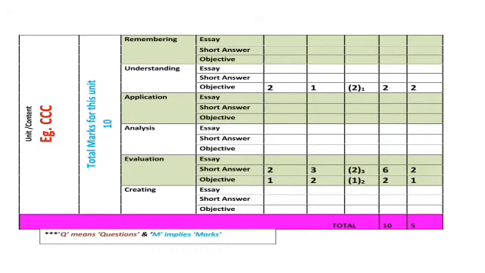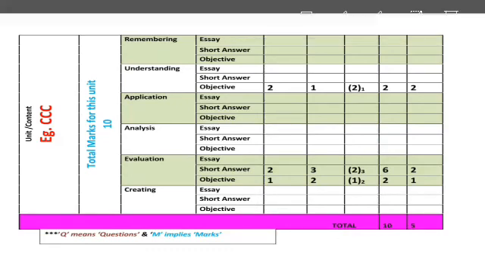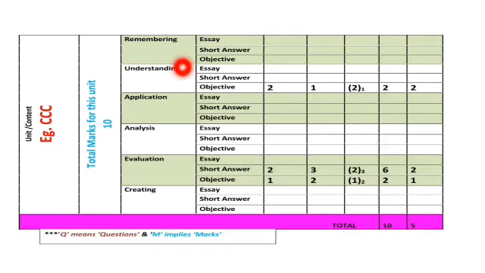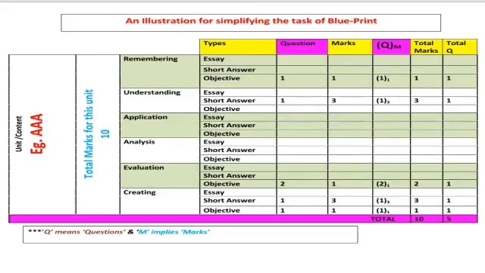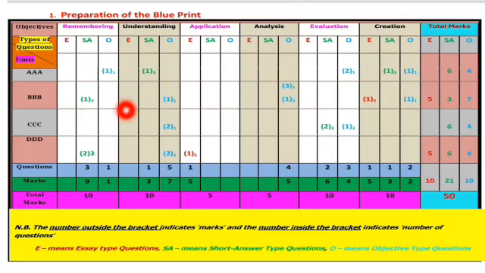Okay. So here, objective types. Within the bracket you can mention whether it is touching upon the remembering level, understanding level, application level, analysis level or creation level. You can see the blueprint.